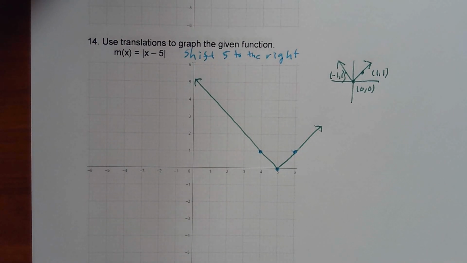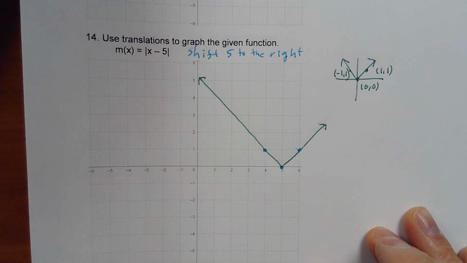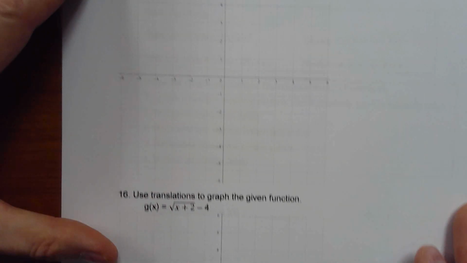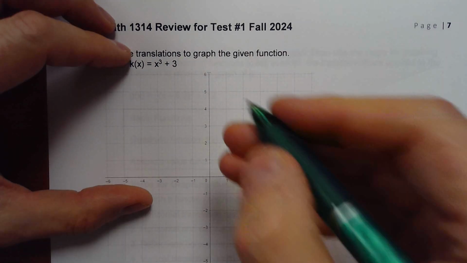I think, Alex, it's going to have you actually just pick up the function and shift it where it needs to go. So here we have our cube function, and this one's shifted up 3.